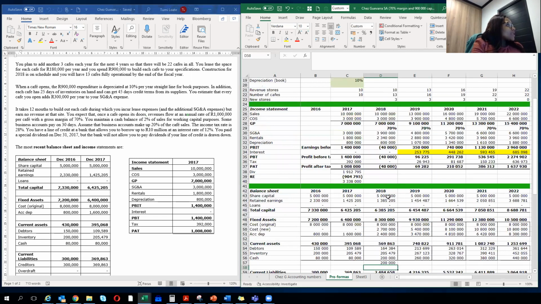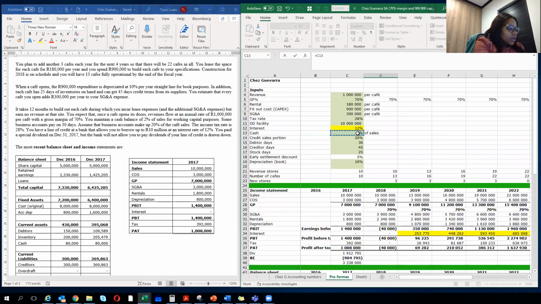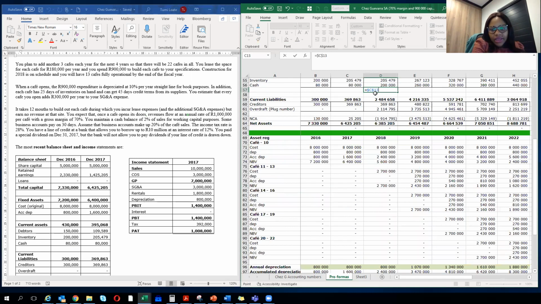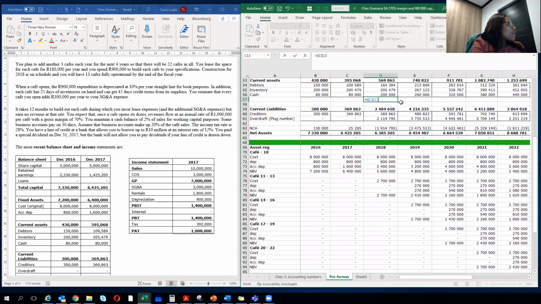Okay, and what's quite nice, that's where you get the 200. What could be quite nice is you guys can hard code. So you can actually use this figure from up here that you've now noted down. I function F4, I just hard code it. You'll notice when it's hard coded, it will look like this with the dollar signs. And each year, I'm going to bring in 2% of the sales figure, and I'm going to drag that across times, sorry, the revenue.